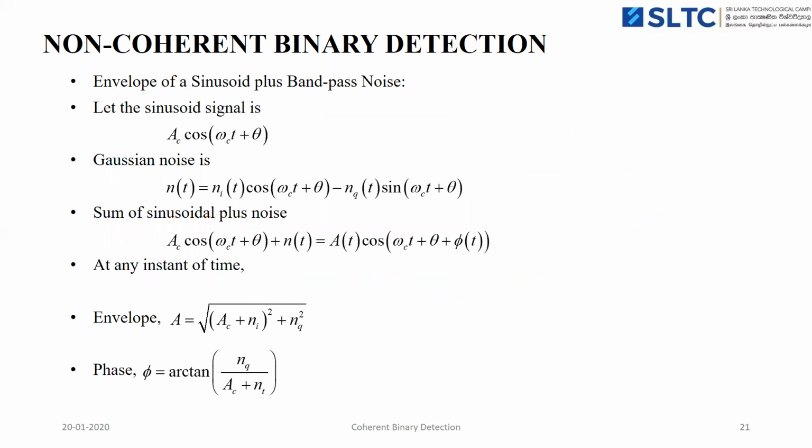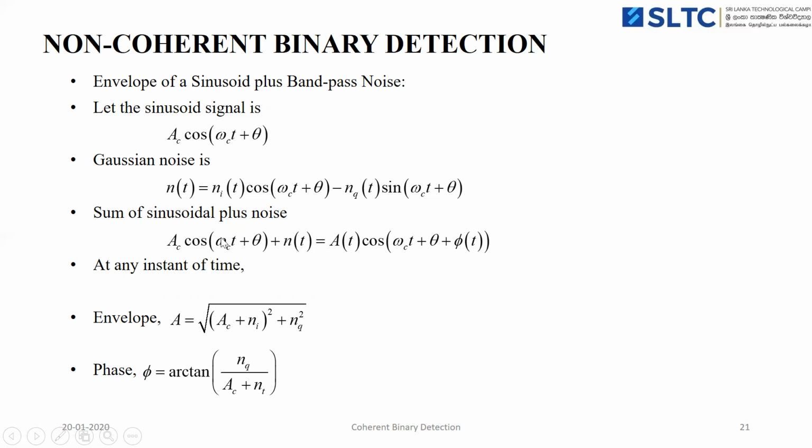So here we can see how to find the envelope of the received signal, sinusoid plus bandpass noise. This is the mathematical equation for the sinusoidal signal, and this one is the mathematical equation for the Gaussian noise n of t, and the sum of sinusoid and noise is Ac cos(omega c t plus theta) plus n of t. So this is the received sinusoid plus noise equation.